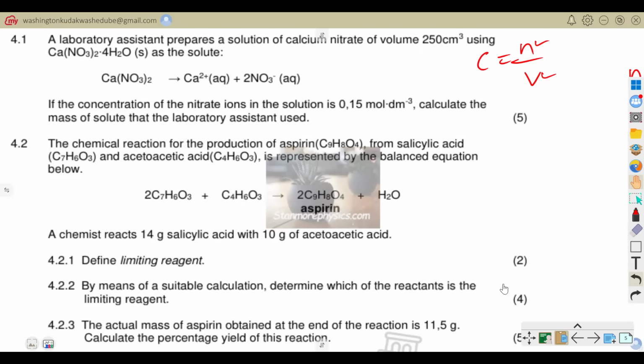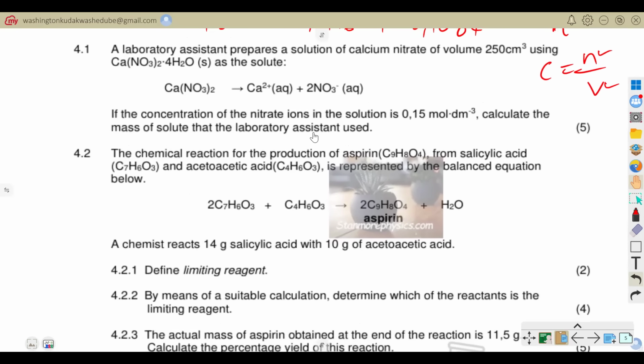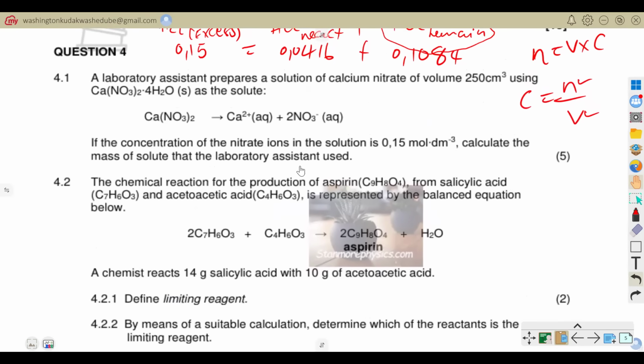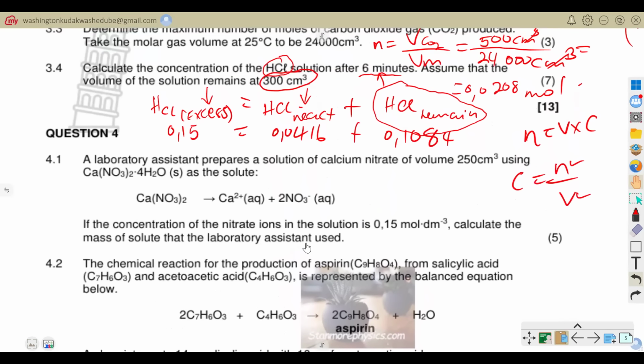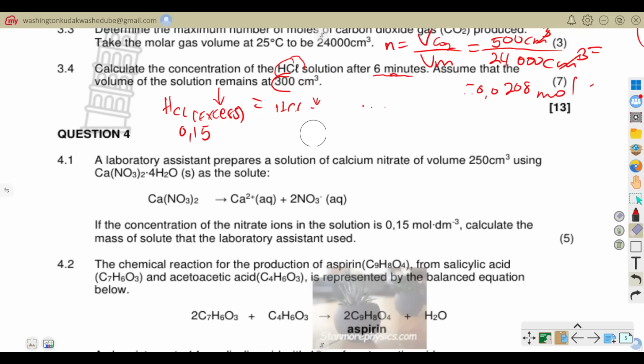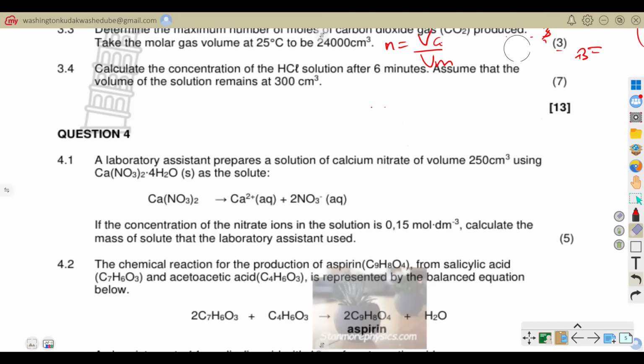So this is question number 4. And after question number 4, we are going to go to question number 5, question number 6, and that will be the last question. So also allow me to wrap up what we've done here so that at least I can find space. You would see that when it comes to grade 11, term 3, it's mostly chemistry.